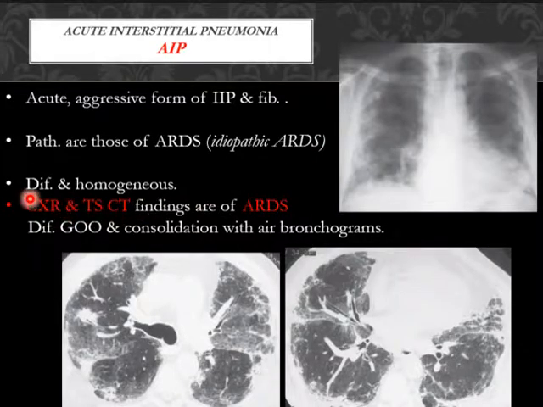We see it is diffuse and homogeneous, and radiographically it is similar to ARDS. We see diffuse ground glass opacity and consolidation with air bronchogram. This is diffuse airspace opacification. In the CT we see areas of consolidation, ground glass opacification, and also air bronchogram.